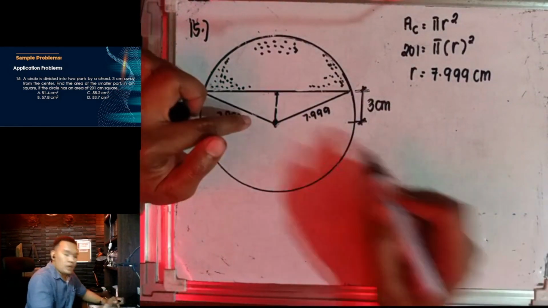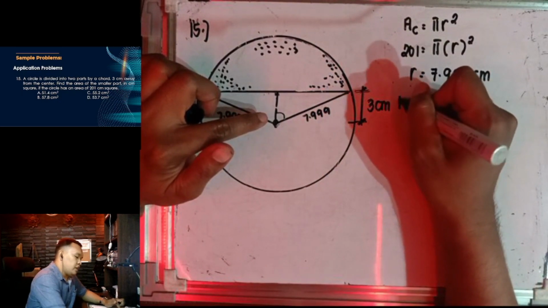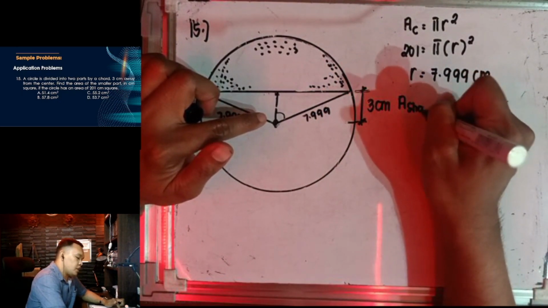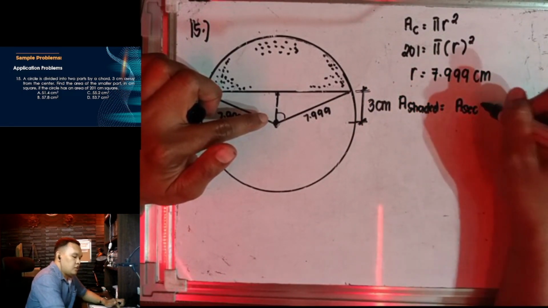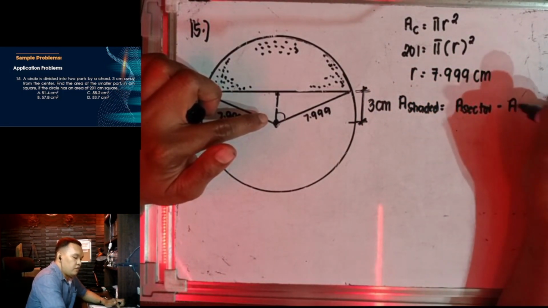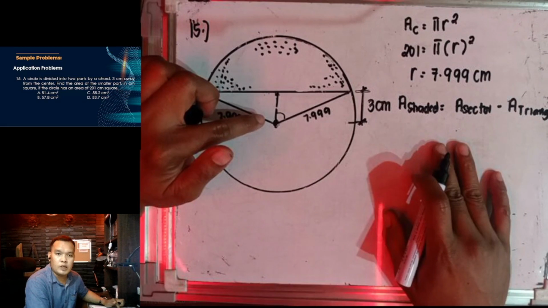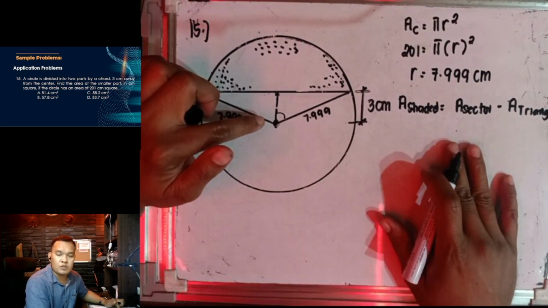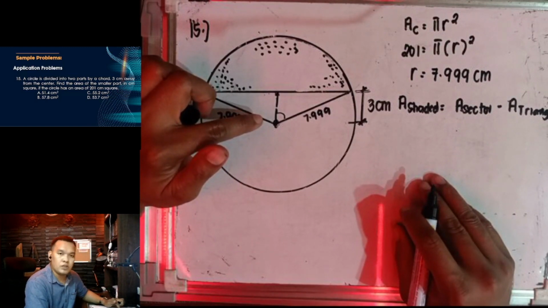Then, kukunin ko yung angle dito kasi nga, the formula for area shaded is equivalent kay area sector minus area of a triangle. And we all know that the area of sector is one half r squared theta, no? Tapos yung theta is dapat naka-radian mode or naka-convert into radian.